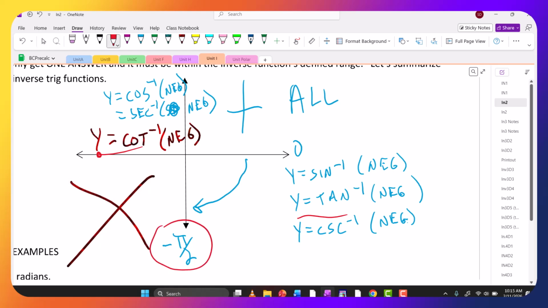All right? And those are the rules. If you're inverse trigging a positive, you're in quadrant 1. Game over. It's the easier questions. Where should you never answer an angle measure from? 3. 3 never is an option in inverse questions. Okay? All right. So I'll give you a minute to write that down.